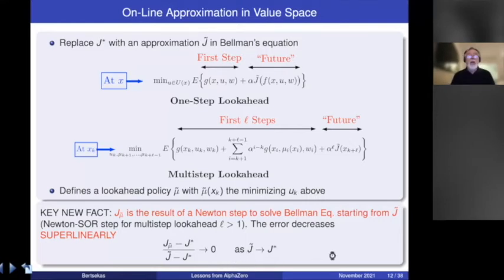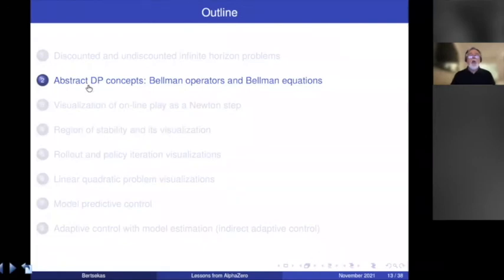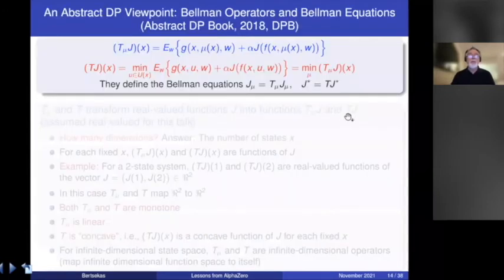So now let me go into abstract dynamic programming concepts and how you interpret all this in terms of Bellman operators and through visualization. Okay, so here's the Bellman operator. It's the right-hand side of what you have in Bellman's equation, and it maps cost functions J into cost functions T_mu of J. So J has a component for every x.